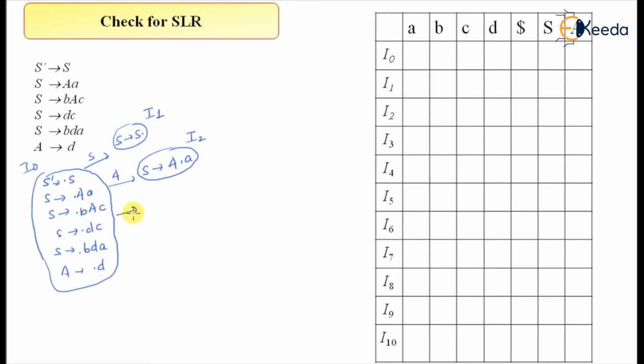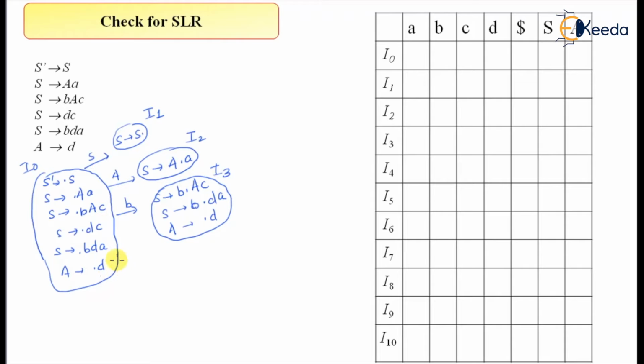On input B, be careful, there are two occurrences of B. That becomes S derives B dot AC, S derives B dot DA, and since the dot is in front of A, also A derives dot D. This is our I3 state.